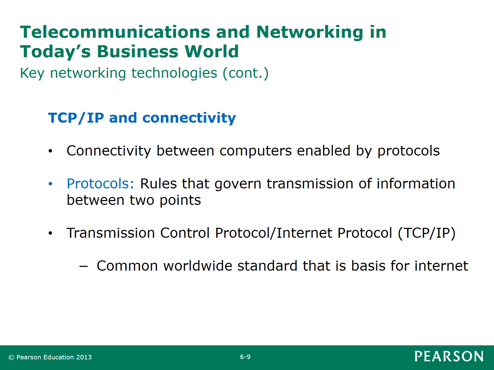In the past, many diverse, proprietary, and incompatible protocols often forced business firms to purchase computing and communications equipment from just a single vendor. But today, corporate networks are increasingly using a single common worldwide standard called Transmission Control Protocol over Internet Protocol, or TCP/IP for short.